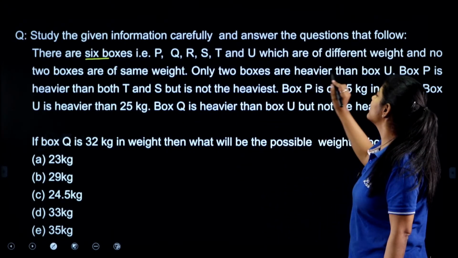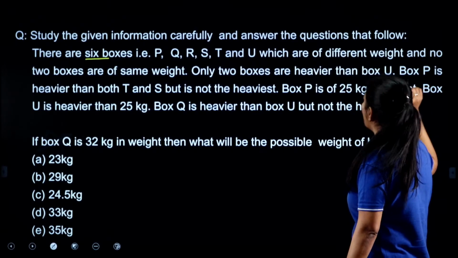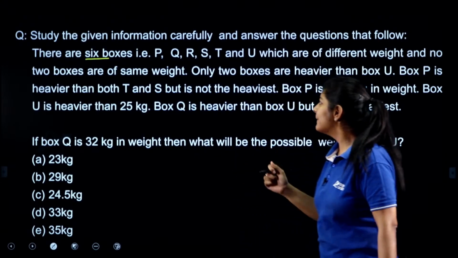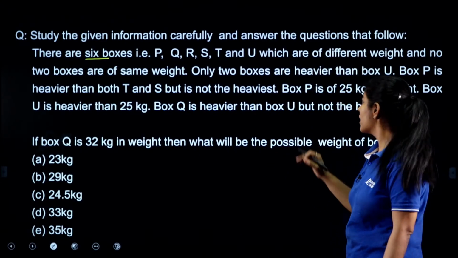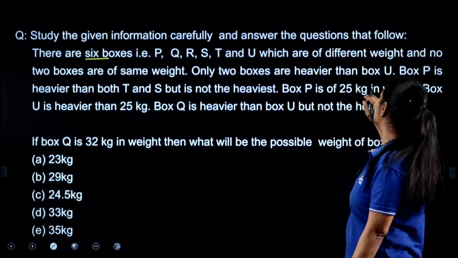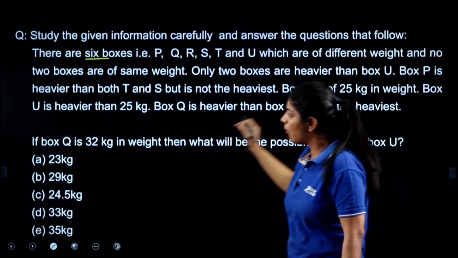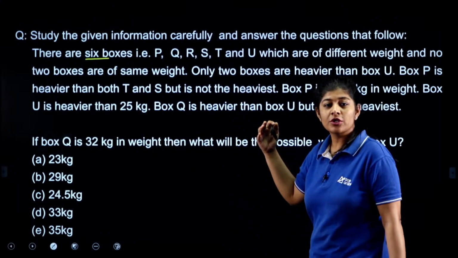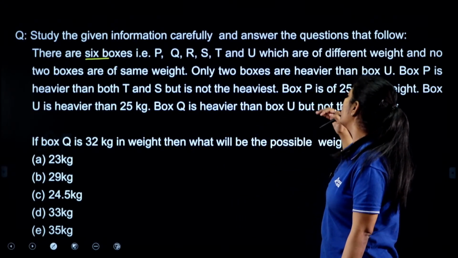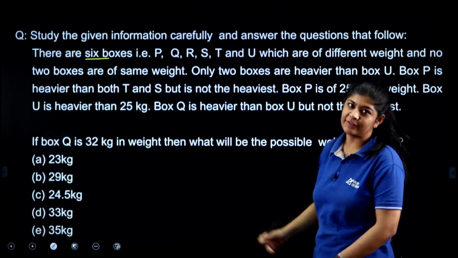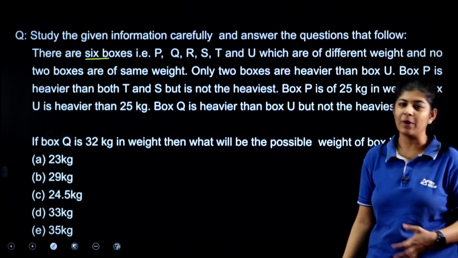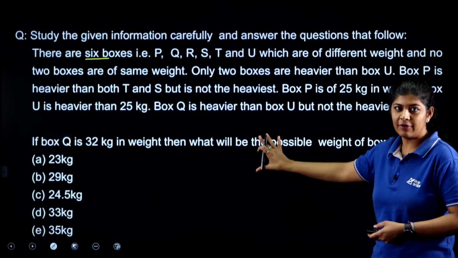Only 2 boxes are heavier than U. Box P is heavier than both T and S but is not the heaviest. Box P is of 25 kg in weight. Box U is heavier than 25 kg. Box Q is heavier than box U but not the heaviest. So this is the data, and according to this we have to answer a few questions, and this is one of them.